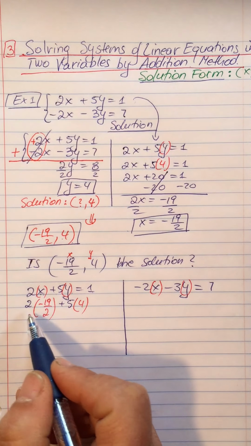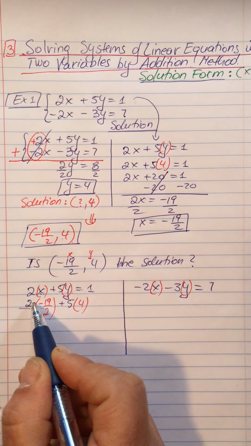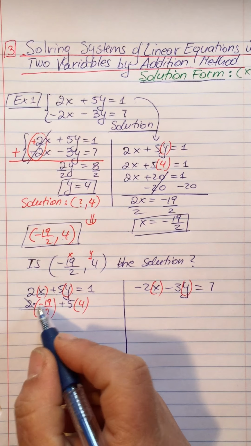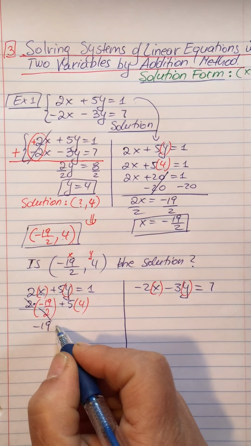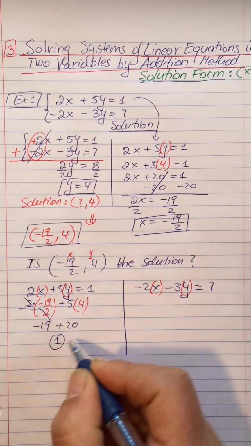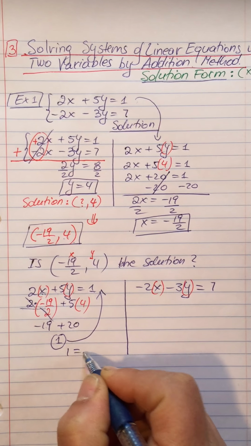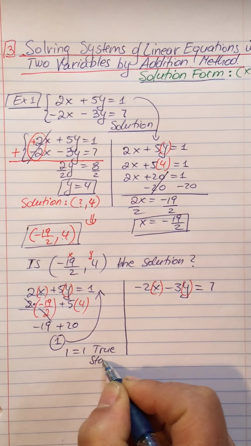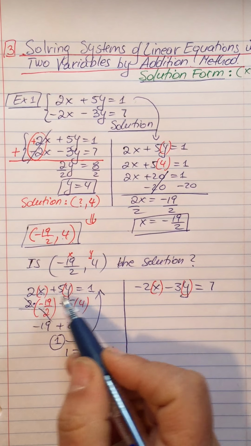Let me extend the fraction bar here. 2 divided by 2 is 1, and 1 times negative 19 is negative 19, and 5 times 4 is 20, so I have 20 minus 19, which is 1. So 1 on the left, 1 on the right, so I have 1 equal to 1, a true statement. That means my solution satisfied the first equation.